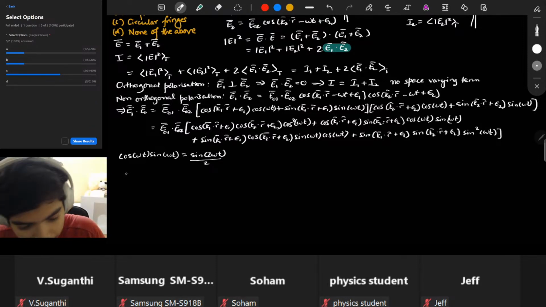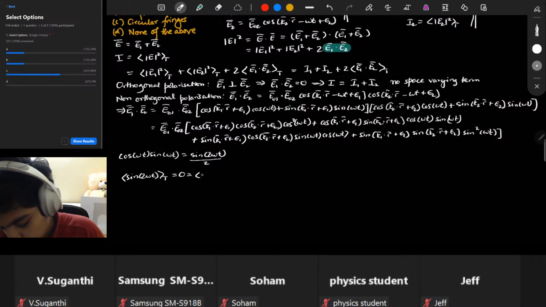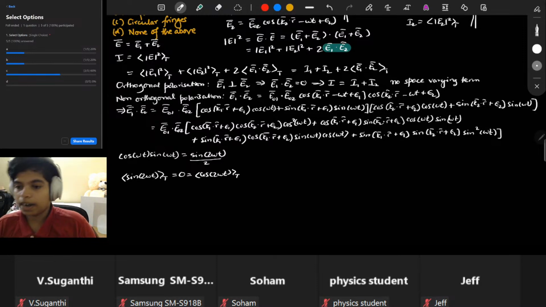And now we can take the time averages. So the time average of sine 2 omega t over one time period is 0, which is also the time average of cos 2 omega t over one time period.